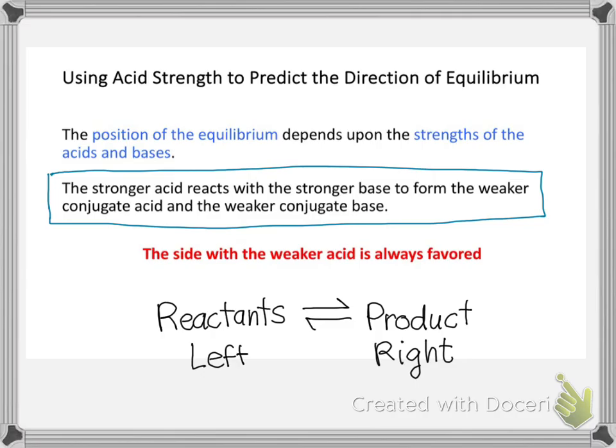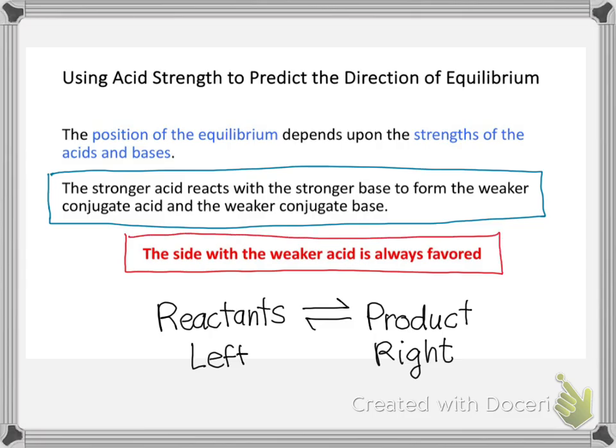But to summarize that, here's what we need to remember. The side with the weaker acid is always favored. So strong acids and bases really want to react. So the side that's strong will react to form the side that's weak.